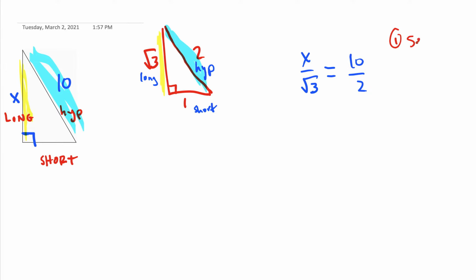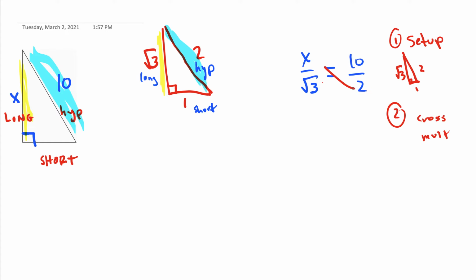So first we need to set it up using our pattern, our reference triangle, 1, 2. I always exaggerate how long the long and short ones are so I can tell the difference when I make my reference. And then we're going to cross multiply. We've been doing this for a while in my class.